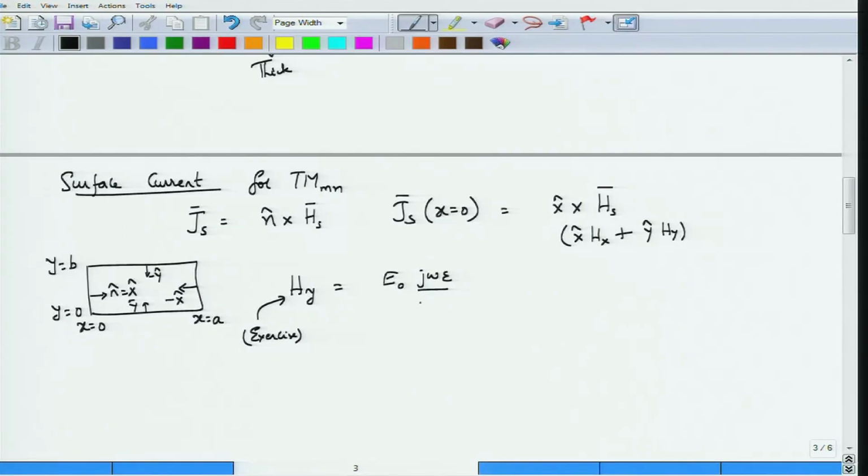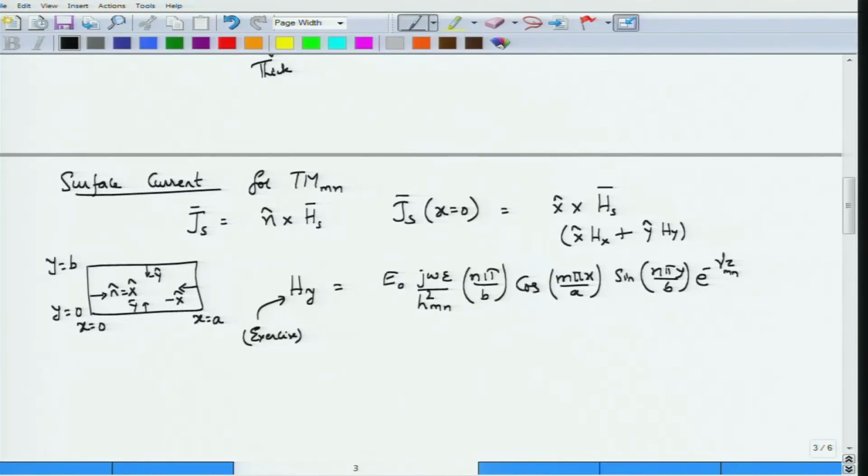It is your exercise to prove that these are the constants that get multiplied here. Because of the differentiation of Ez with respect to y, there would be n pi by b coming out here. The x dependence is still cos m pi x by a, whereas the y dependence becomes sine of n pi y by b. There is also e to the power minus gamma z as the dependence in the z direction, where gamma must also be written with its subscript, gamma mn. So this is your hy phasor.